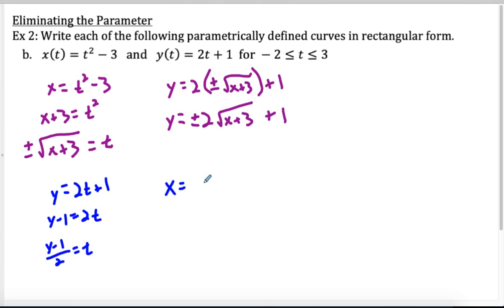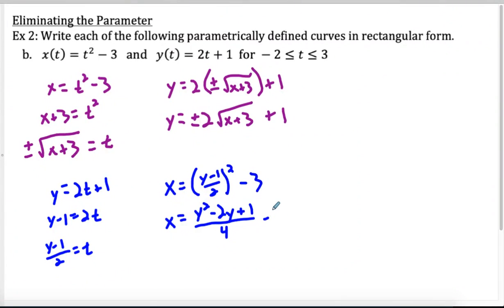So that would then become x equals (y minus 1 over 2) squared minus 3, like that. And if I want to multiply this out, if I'm squaring a binomial, we would square the first, take 2 times the product of the two, so that would just be minus 2y, and then square the last, all over, I would need to square the denominator as well.